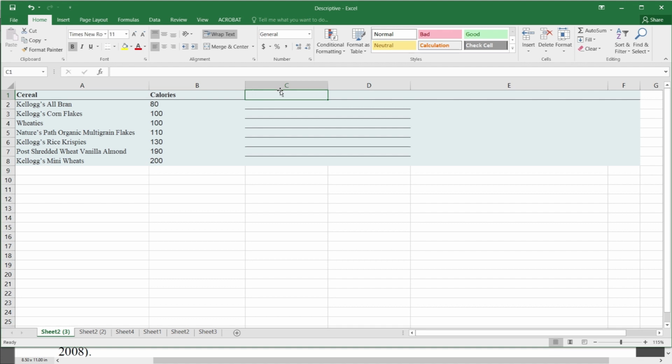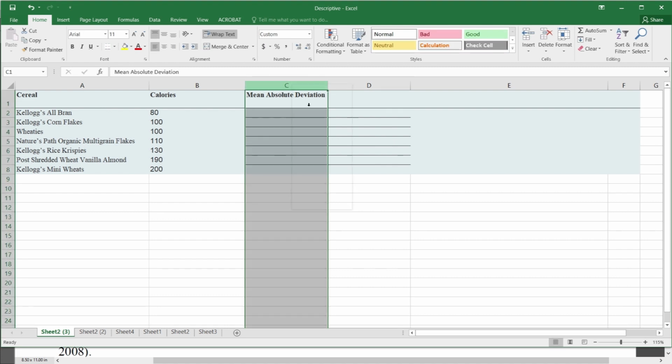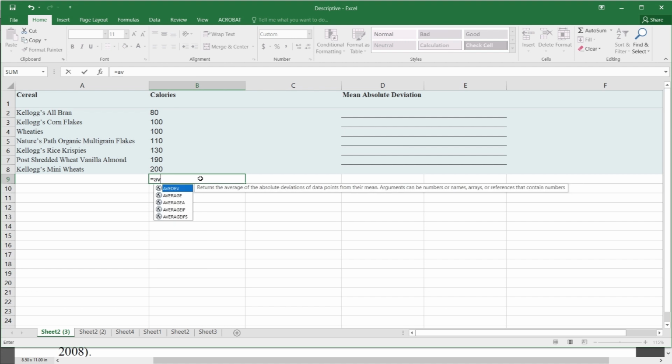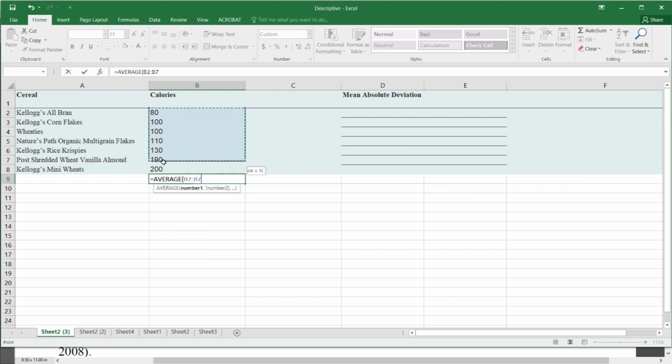So we'll compute mean absolute deviation. The computation is quite easy. First, we need to compute the mean of the data, which is the average formula. Now we'll compute the absolute value of the mean differences, which is ABS. So these are my absolute deviations from the mean.